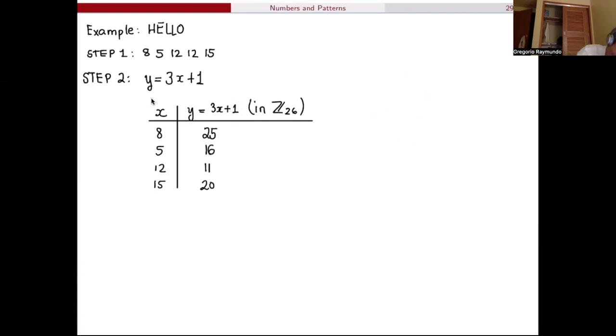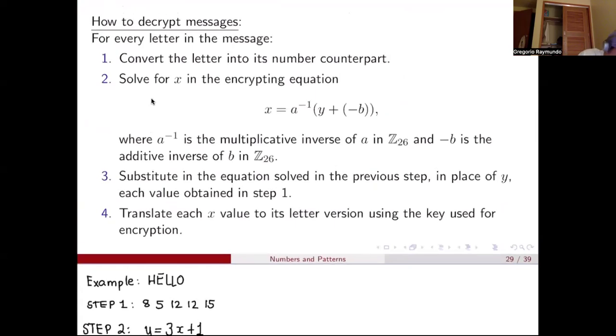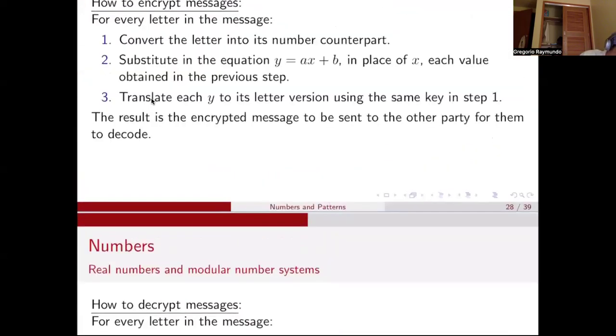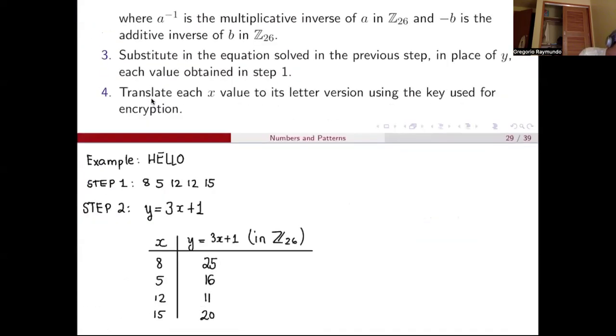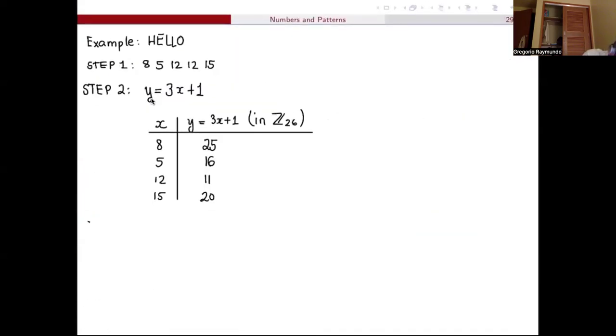Okay. And so finally, translate each y to its letter version using the same key in step 1. So step 3, ang meron tayo ay 25, 16, 11, 11, 20.